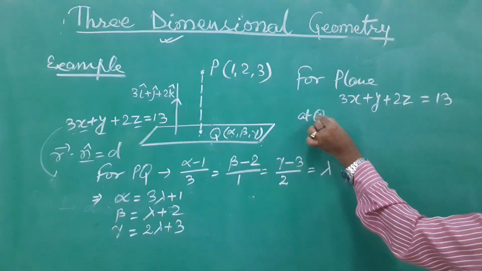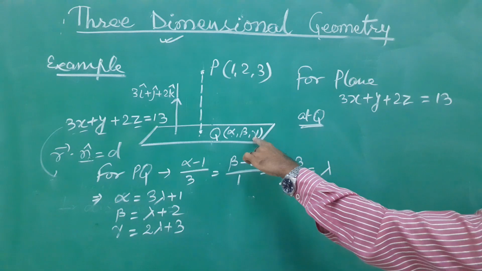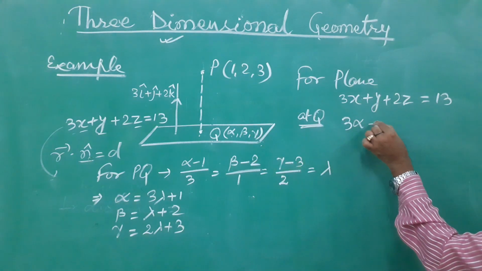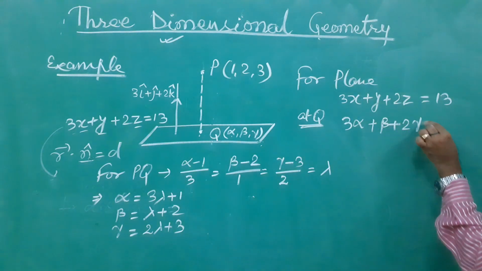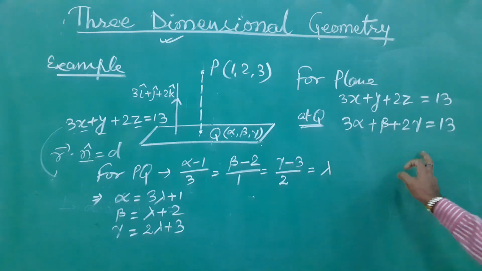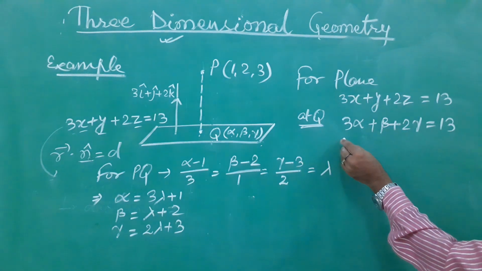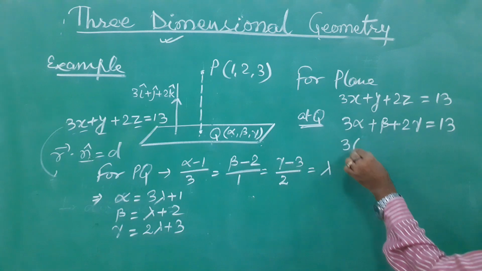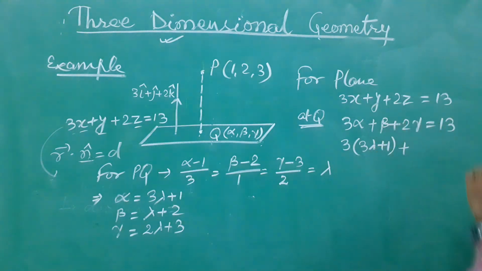Now at point Q, x, y, z can be replaced with alpha, beta, gamma: 3 alpha plus beta plus 2 gamma equals 30. Now we have alpha, beta, gamma in terms of lambda, so use them here to get lambda. 3 alpha is 3 lambda plus 1, plus beta.